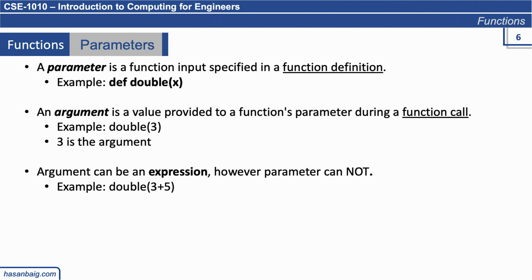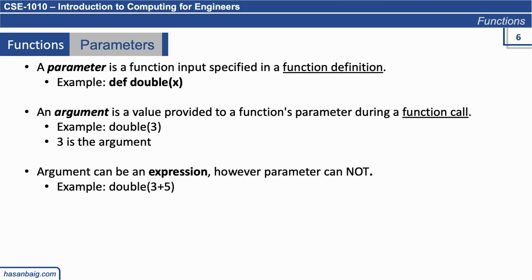An argument is a value provided to a function's parameter during a function call. Whenever we are calling the function, if you remember the example that I just gave you, or in the slides, this is the function definition. The variable defined inside the parentheses in the function definition is called the parameter. Remember this. Try to distinguish the difference between the parameter and the arguments.